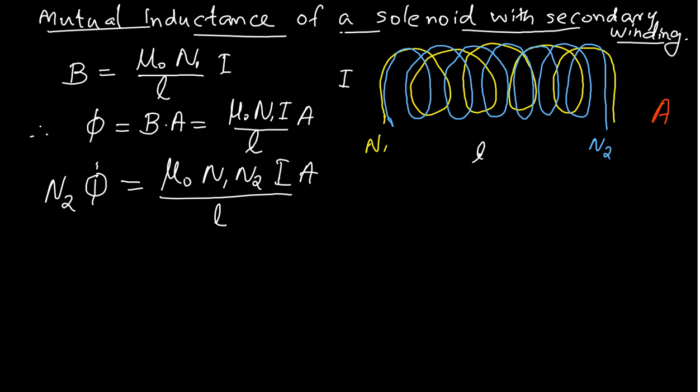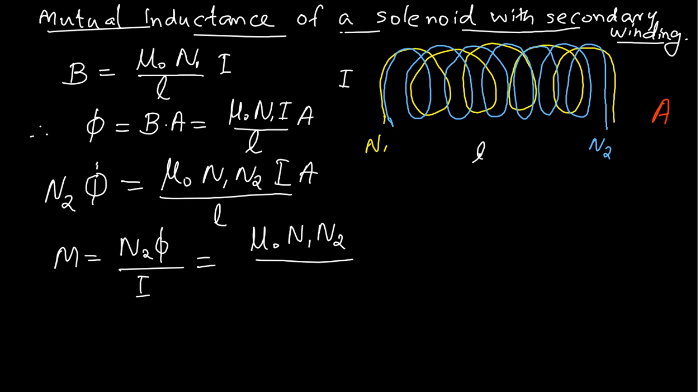Using the definition of mutual inductance, the mutual inductance between two solenoids is M equal to N2 phi divided by I, that is equal to mu 0 N1 N2 A divided by L, where we move the term I from this side to this side.